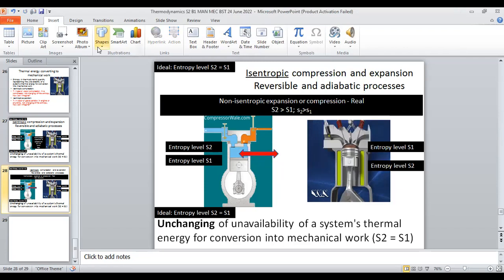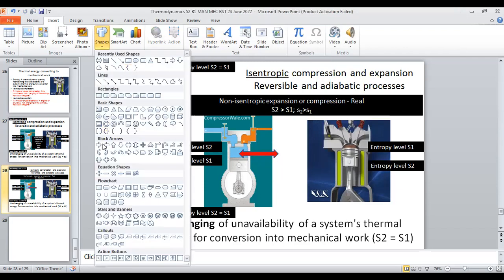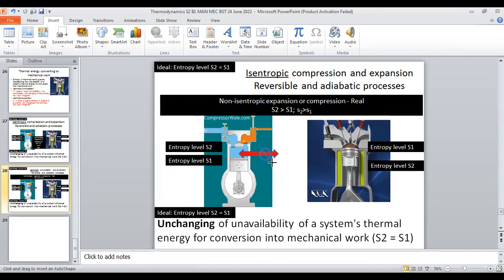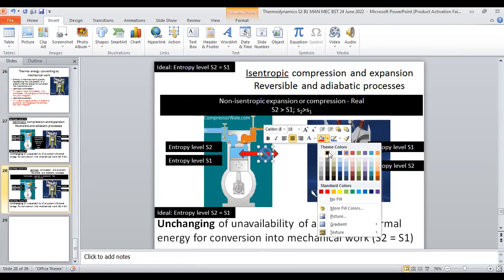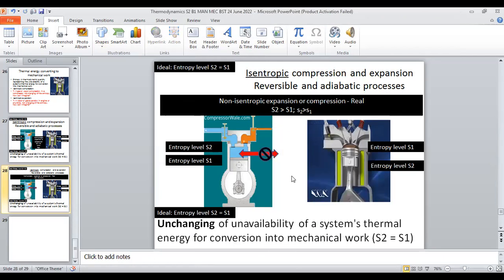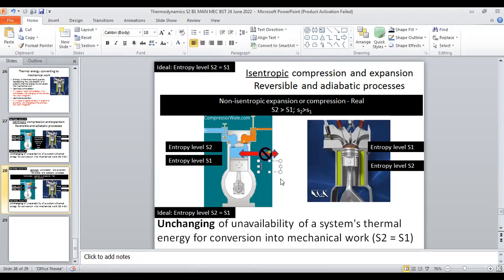It is not possible. Heat. Okay. Heat transfer.